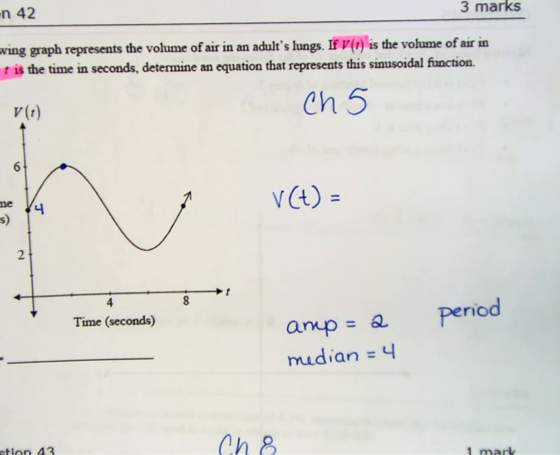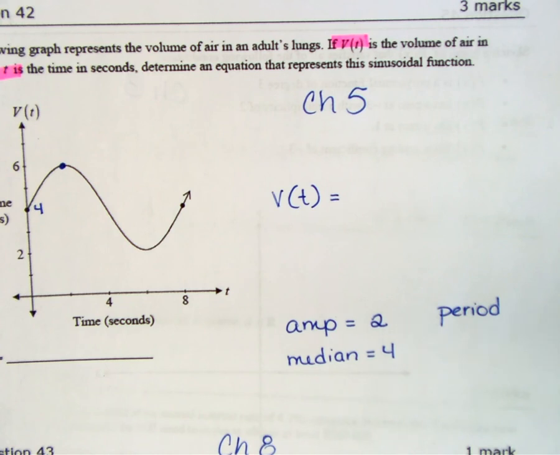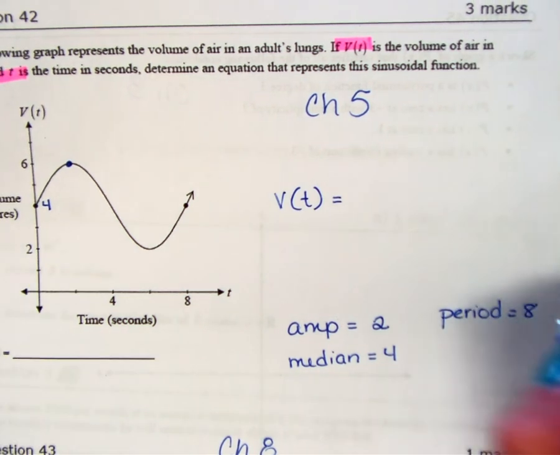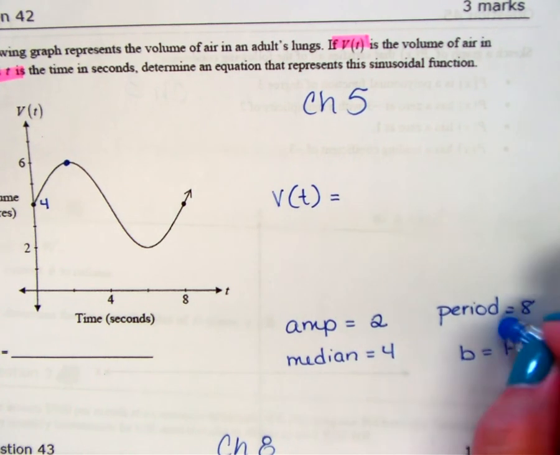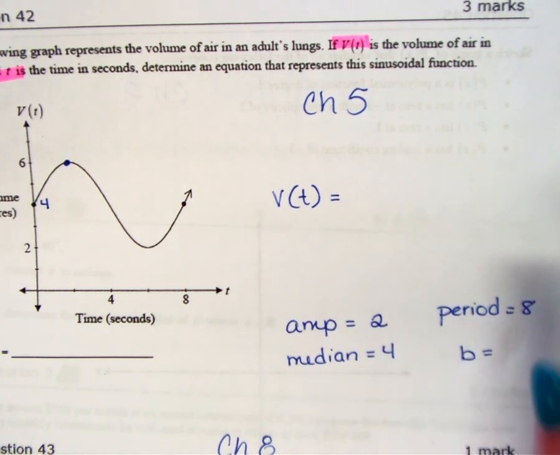Let's talk about our period. Period equals 2 pi divided by b. Period is 8. So to find the b, it's going to be the period. No. Let's try this again.